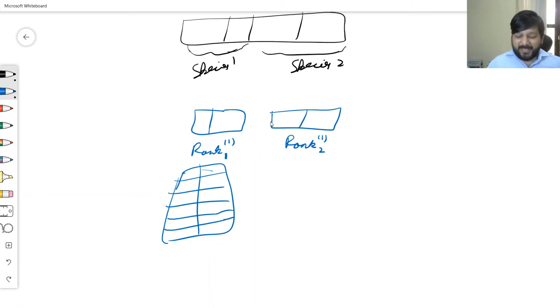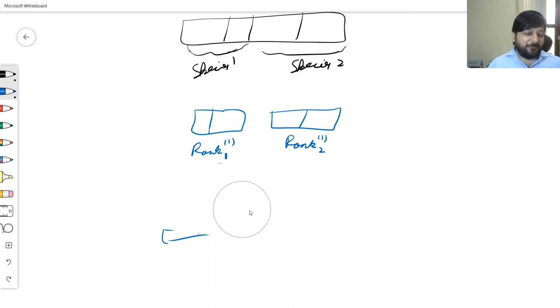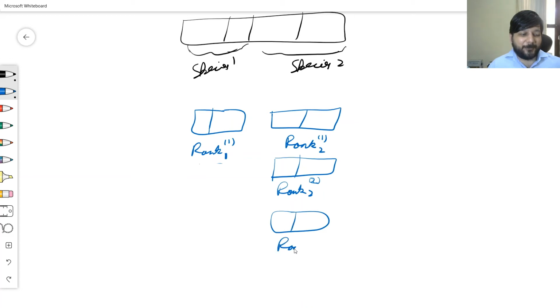And therefore many times what you say is that instead of only taking a rank 1 representative, I go with multiple options. I take a rank 2 as well and I take a rank 3 as well. And similarly for species 1.